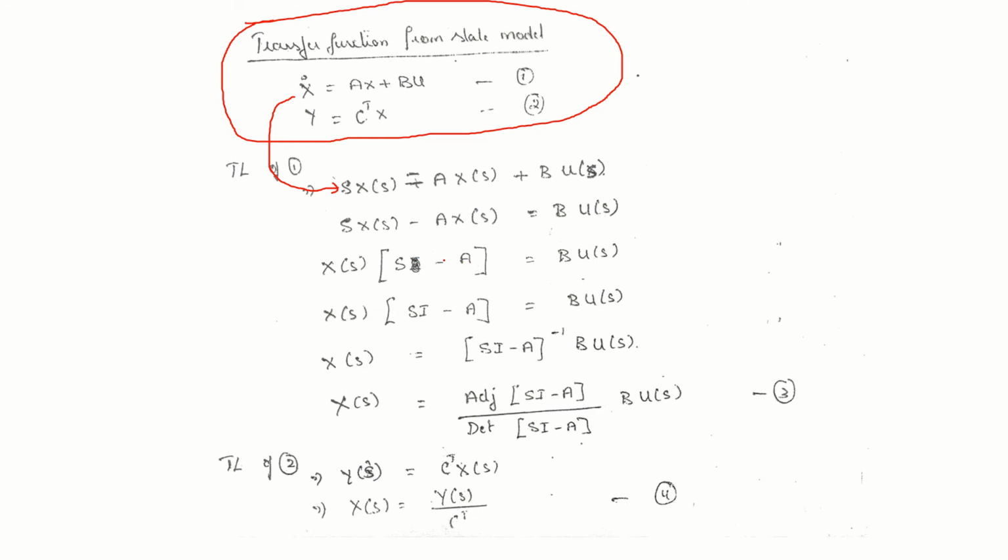So what I do is, this is a matrix, and s is an element. To convert that into a matrix, I multiply by the identity or unity matrix, that is 1 0 0 1. Then X(s) is equal to (sI minus A) inverse BU(s). The inverse of a matrix is its adjoint by its determinant.